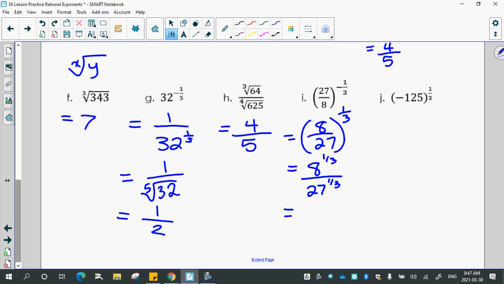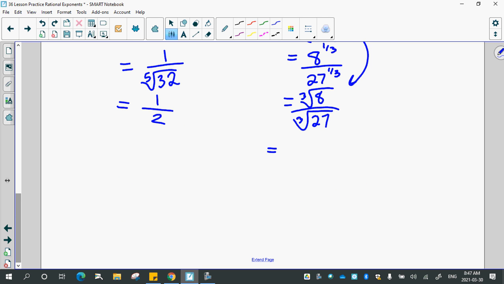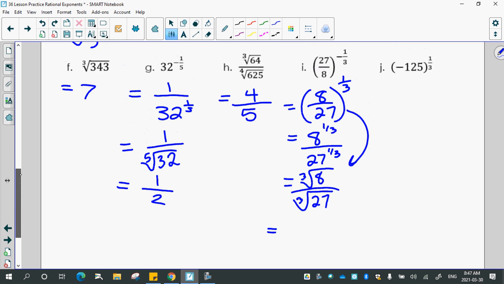You can skip this step if you want and go straight to 3rd root of 8 over 3rd root of 27 if you wish. And then you have to figure out your roots. So the 3rd root of 8 is 2, because 2 cubed is 8. And the 3rd root of 27, 3. 2/3.